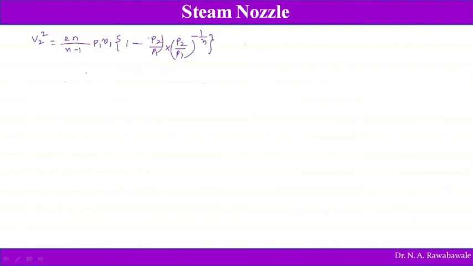So here we have P2 divided by P1 to the power of 1 and P2 divided by P1 to the power of minus 1 by n.